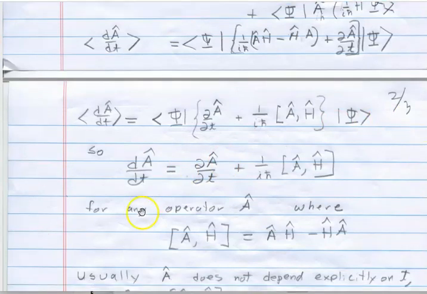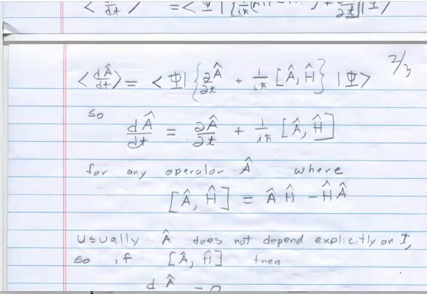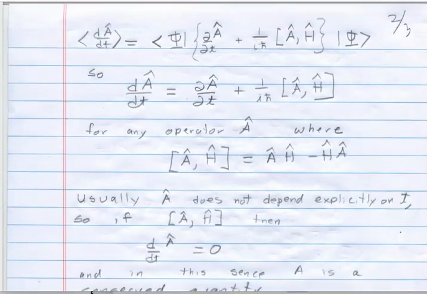And then, of course, this bracket symbol is just A times H minus the reverse order. It's a measure, again, of how close these two operators are to commuting. If this is relatively small, then they almost commute. But if it's large, then they don't commute to any degree.